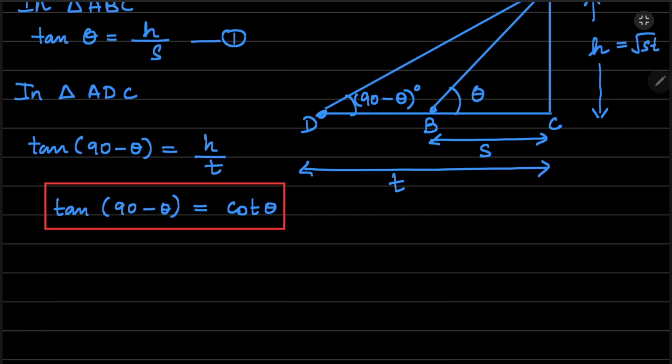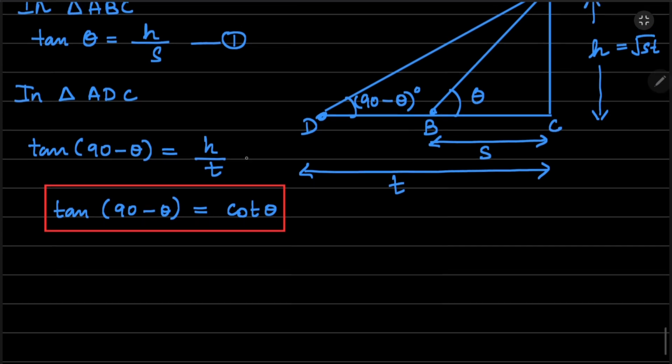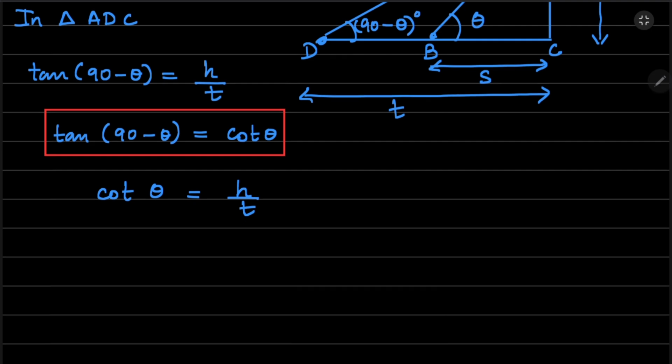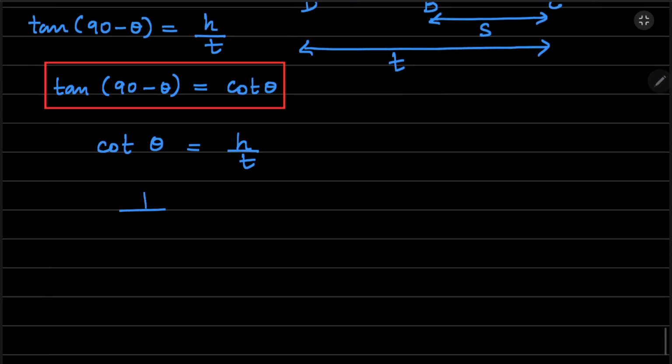Complementary angles in trigonometry: tan of 90 minus theta is equal to cot theta. So I can replace tan of 90 minus theta with cot theta, which is equal to H by T. So what is 1 over tan theta?